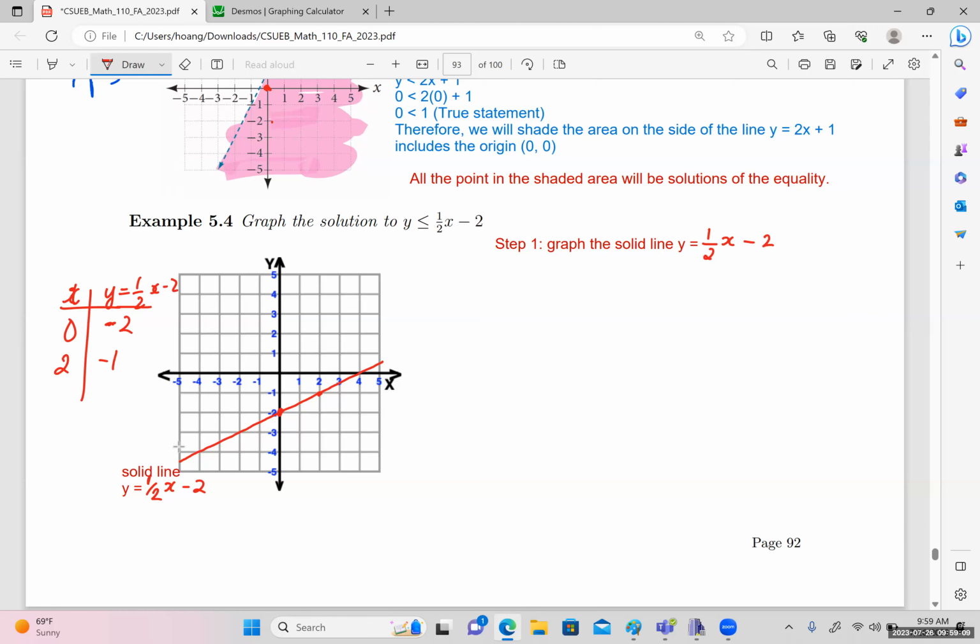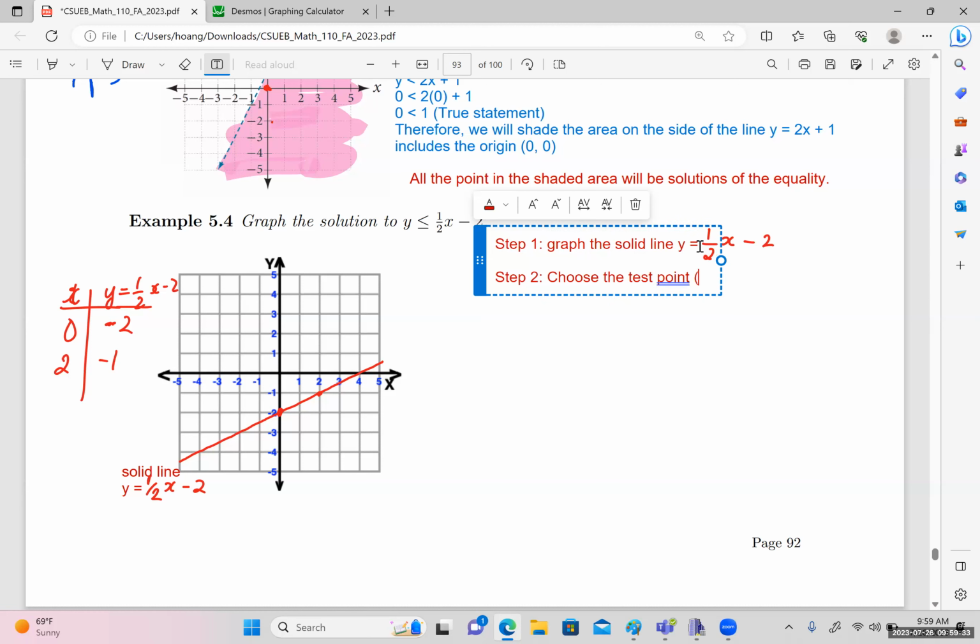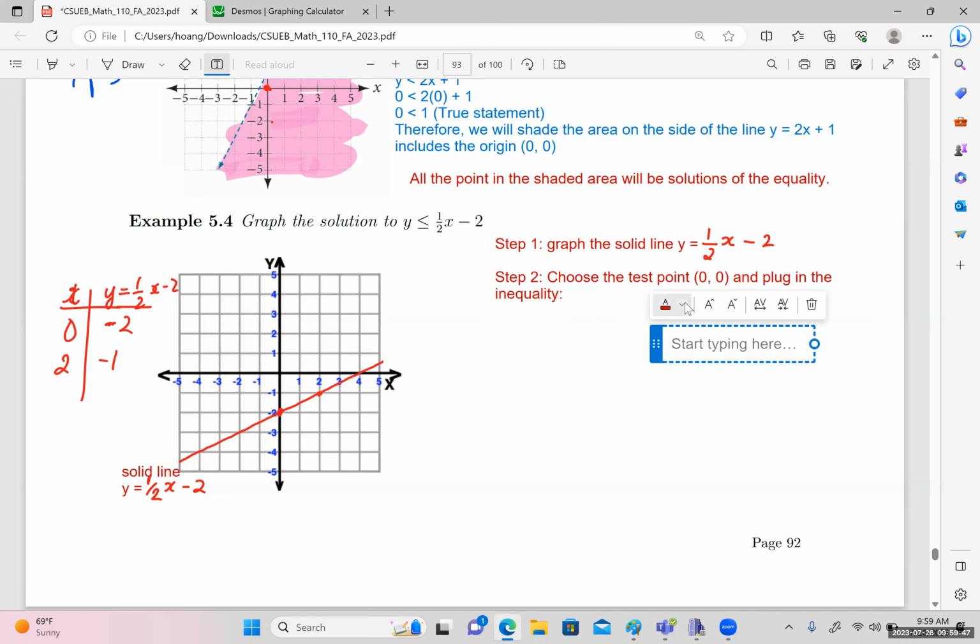So we do step 2. Choose the test point. I'm gonna choose test point 0, 0, and plug into the inequality. Right. So what do I have?